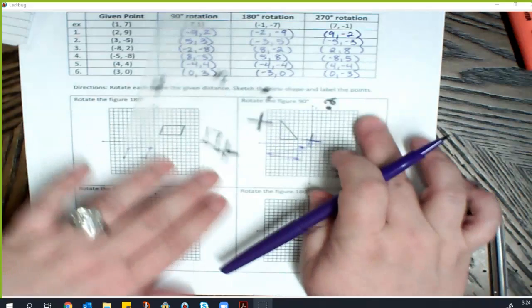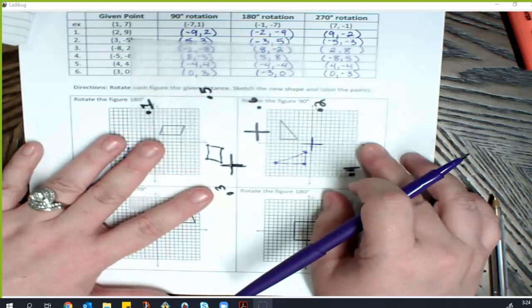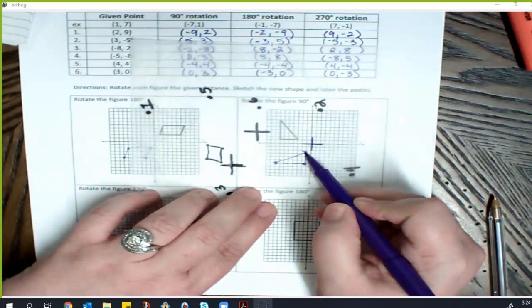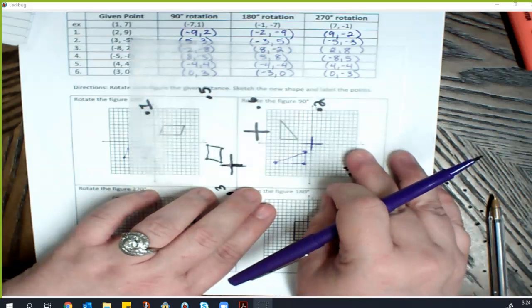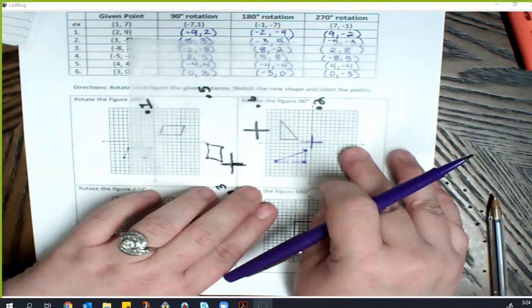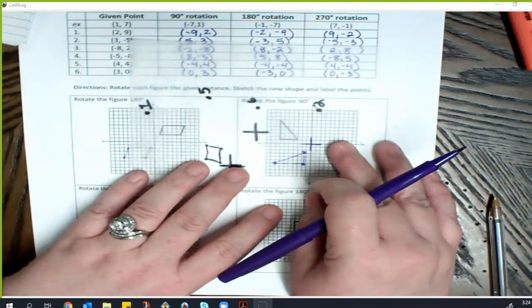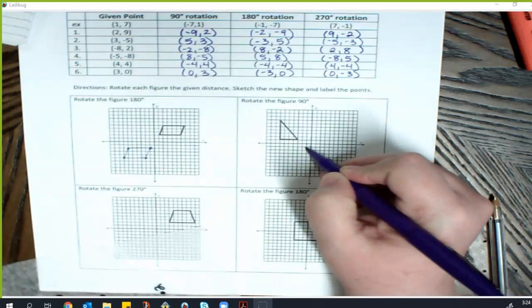So turn it. See what it looks like. Find your ordered pairs. This top ordered pair is -1, -2.